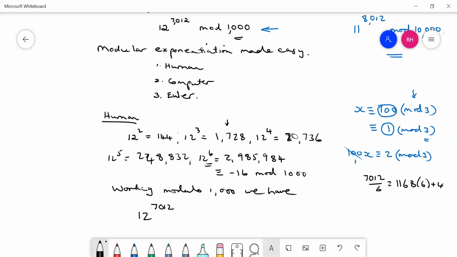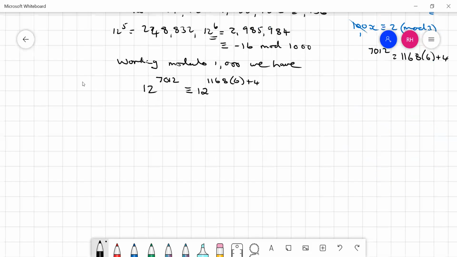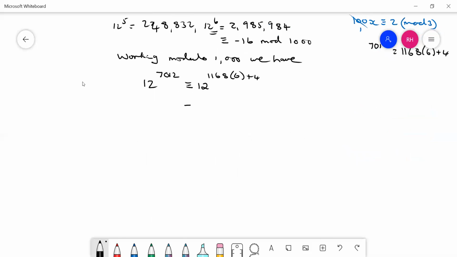So let's actually just rub that out. That's a better way to write it. Okay, so I can now replace this 12 to the 7012 by 12 to the 1168 times 6 plus 4. Why do I want to do that? Well, I'm just using all the standard rules of exponentiation, or powers, that we learned in high school.